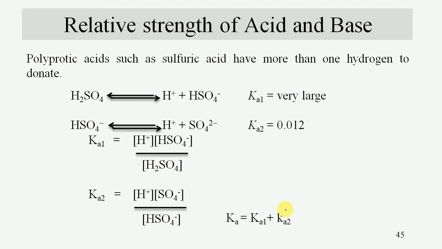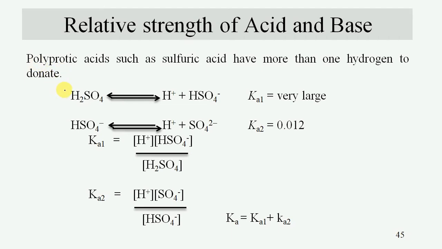The acids which contain more than one ionizable hydrogen are called polyprotic acids. For example, sulfuric acid can ionize to give 2 H+ ions, and the ionization in this case will take place in two successive stages.